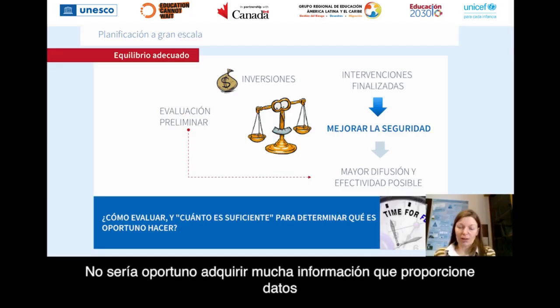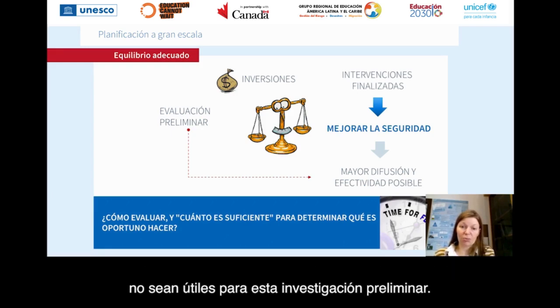It would not be opportune to acquire a lot of information that provides data that are not useful for this preliminary investigation.